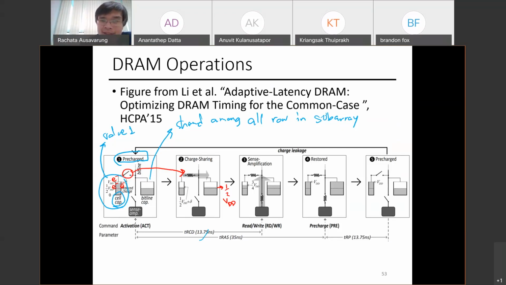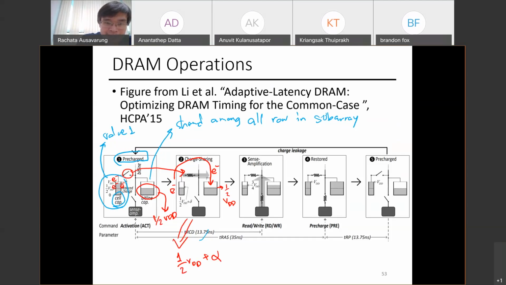So what happens if I connect the gate? Electrons from here will move into this capacitor, right? Because you close the gate, both of them will move until there's no voltage difference, so that both of them will be greater than half VDD. This thing starts with half VDD, right? It means that during this step, you are essentially adding half VDD with some alpha.